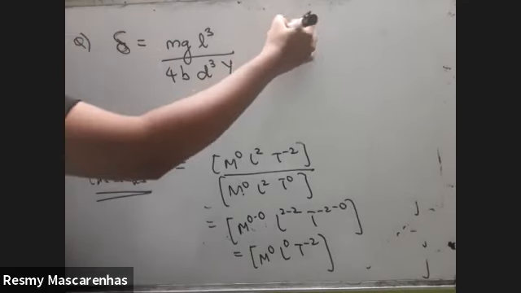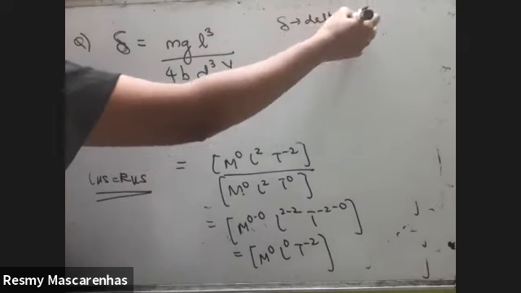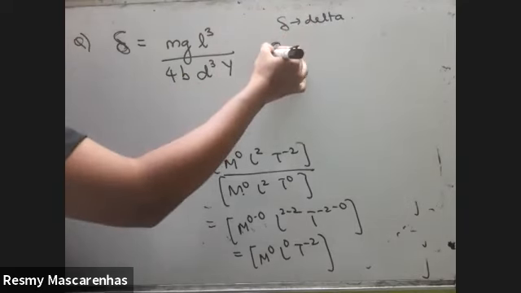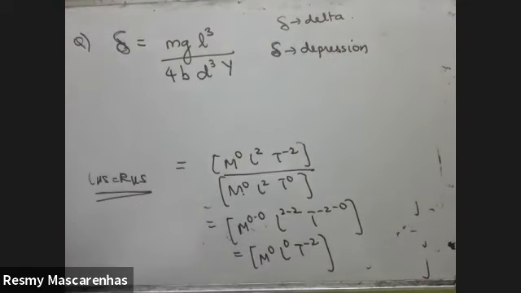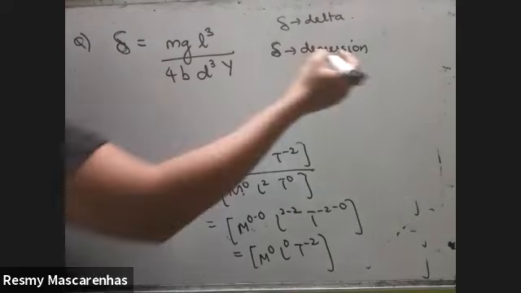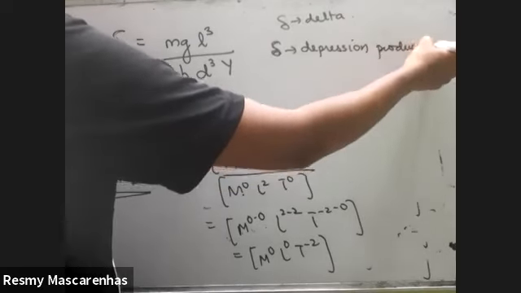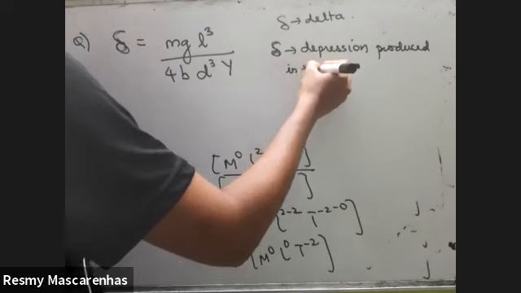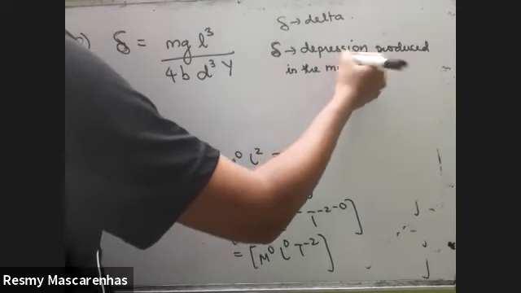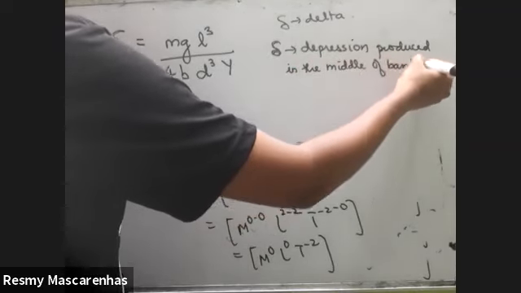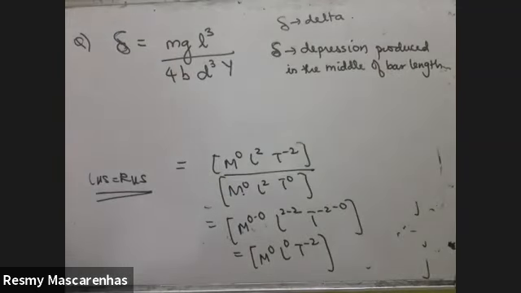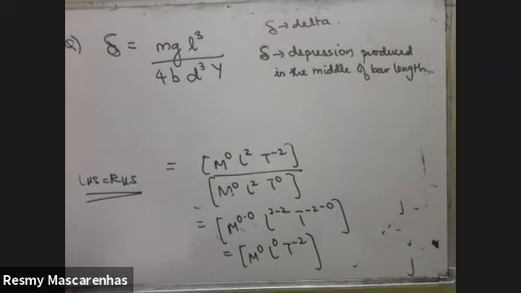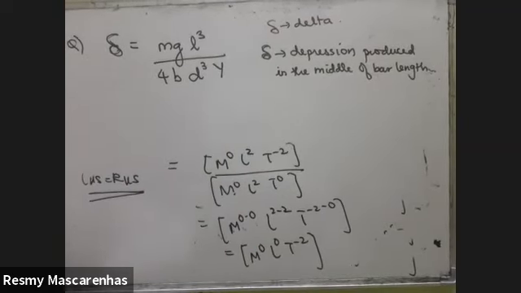If you want to read, delta is given to you as depression produced in the middle of bar length. Depression produced in the middle of bar length. That I'll explain what to be taken as.